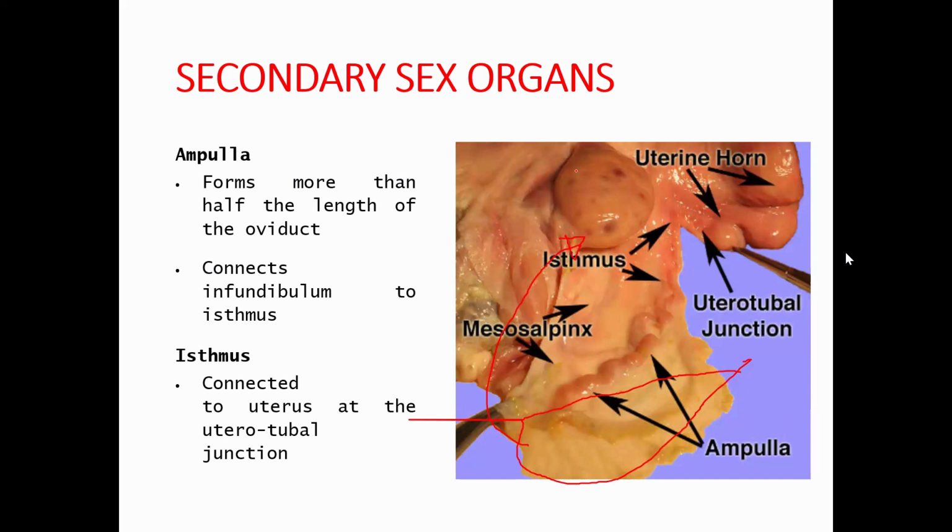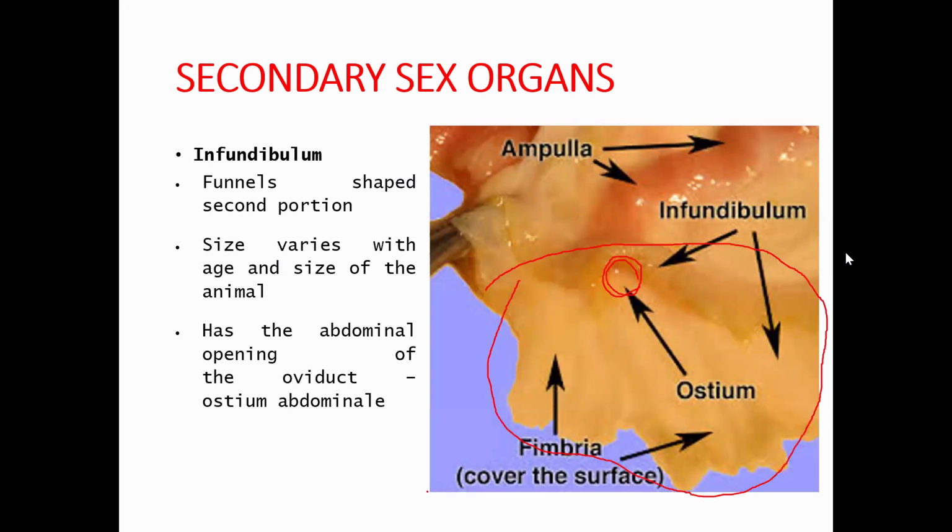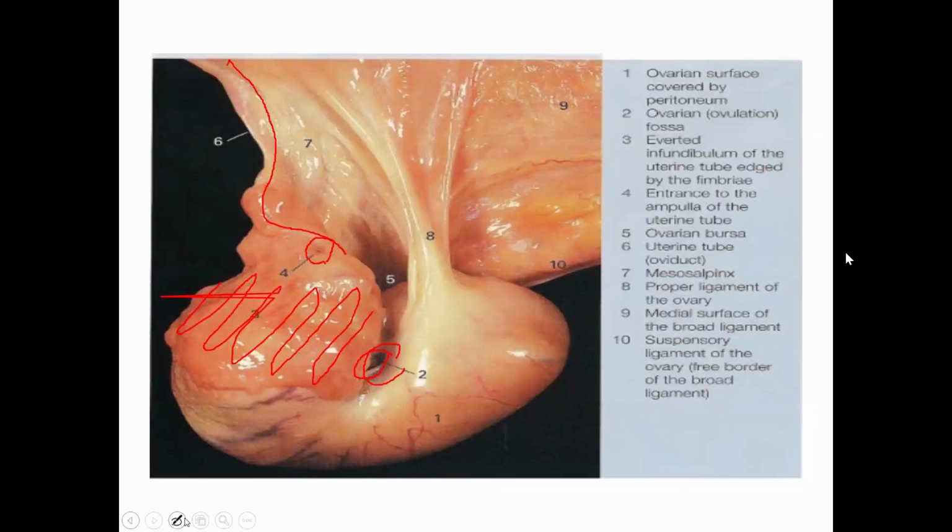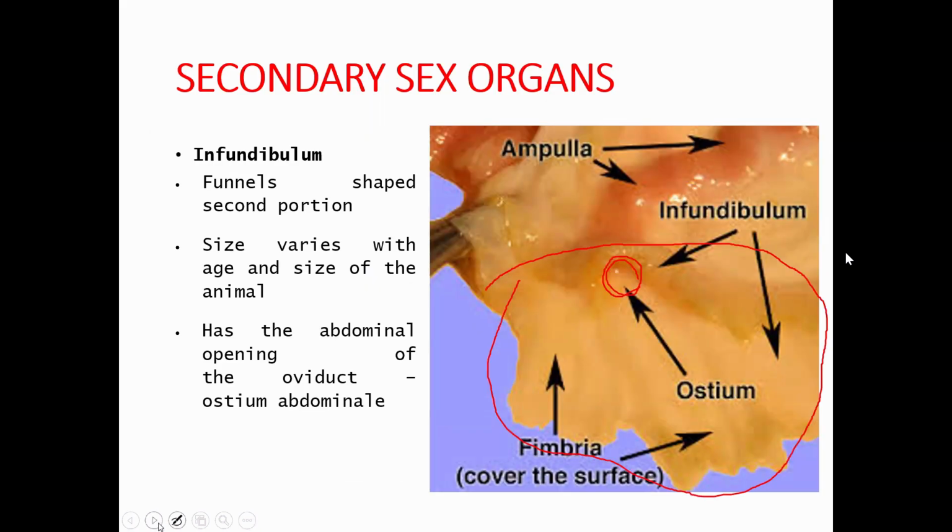Para kung sino man ang or kung saan man mag-ovulate dito sa portion ng ovary na ito ay makukuha ng infundibulum yung egg cell. Okay? So going back. Okay, and we have mentioned this, the ostium abdominale.